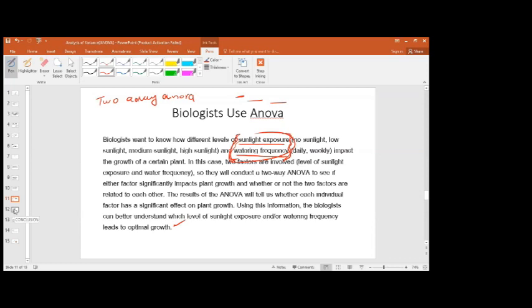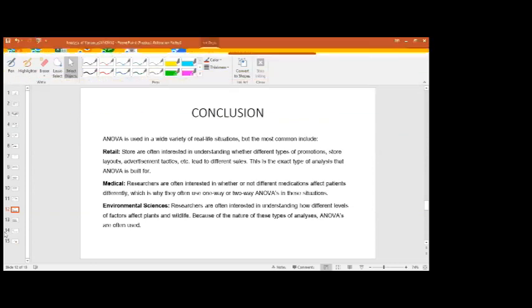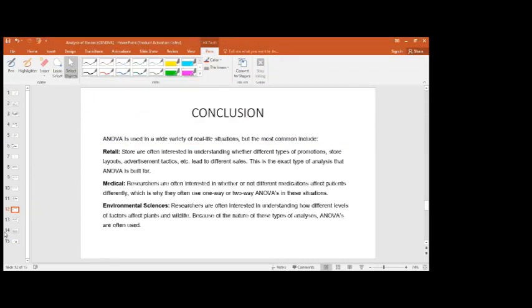So the next is the conclusion. ANOVA is used in a wide variety of real life situations, but the most common include retail. Stores are often interested in understanding whether different types of promotions, store layouts, advertisement tactics, etc. lead to different sales. This is the exact type of analysis that ANOVA is built for.